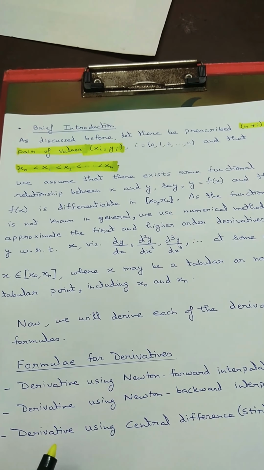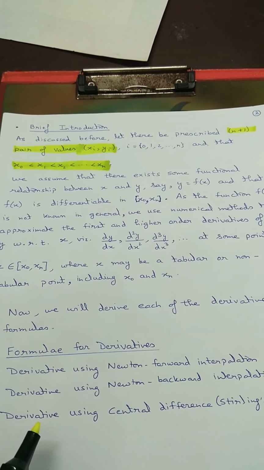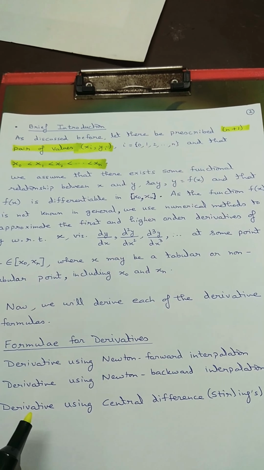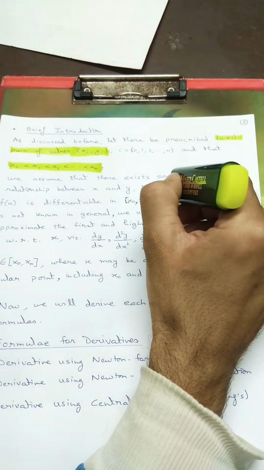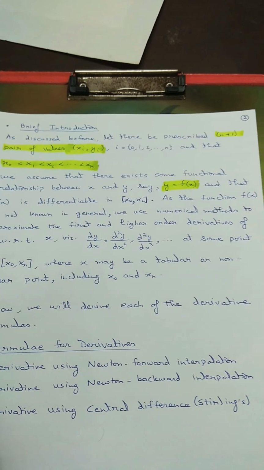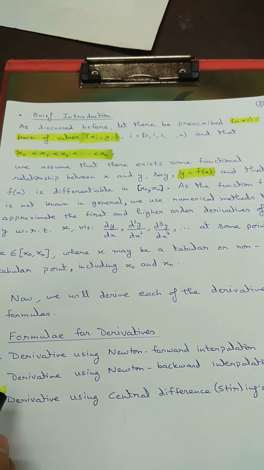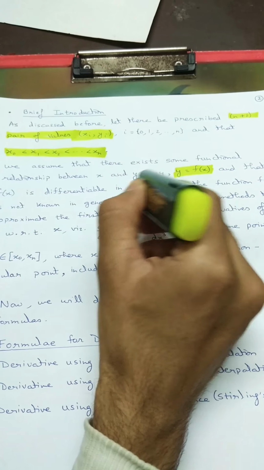We assume that there exists some functional relationship between x and y. Let us say y is equal to f of x, and that the function f of x is differentiable in the closed interval x0 to xn.